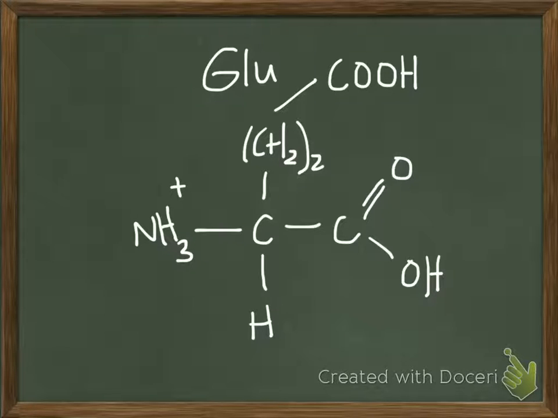So I would write the pKa's next to each group. The pKa of the amino group for glutamate would be 9.7, and that's a value that I would provide to you on an exam. You don't have to memorize pKa's at all. The carboxyl group off of the alpha carbon, pKa is 2.2, and the carboxyl group off of the R group is 3.9.